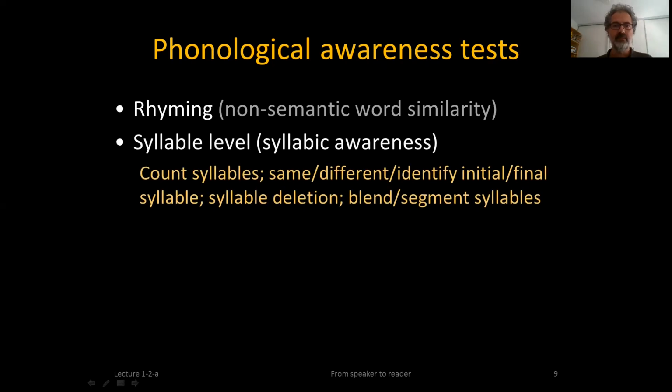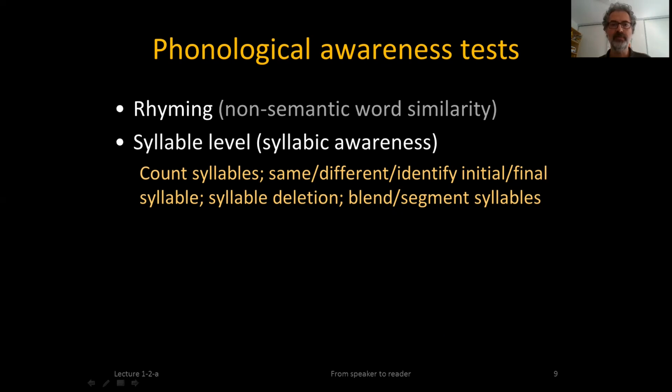At the syllable level, we have syllabic awareness. Syllables are phonological elements, so awareness of syllables is one kind of phonological awareness. Tests that examine syllabic awareness can include the requirement to count syllables, to say if two syllables are the same or different, or syllables within words if two words begin with the same syllable or not, or end with the same syllable, the ability to remove a syllable from a word, to segment a word into syllables or to blend syllables into words.